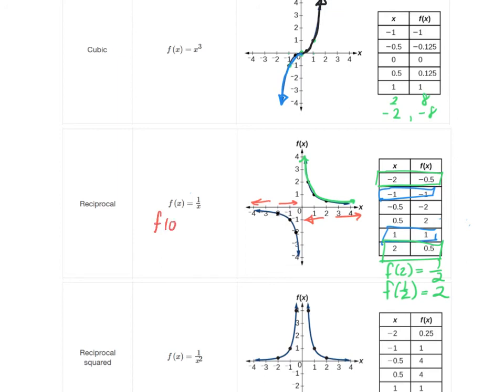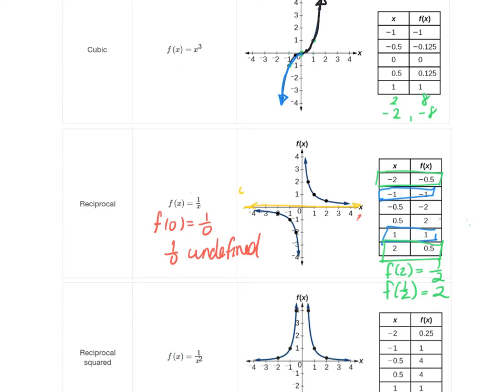So f of 0 does equal 1 over 0. However, 1 over 0 is undefined. So I never get to put in 0. Even though I want to put in 0, I don't ever get to put in 0 into the reciprocal function. Because I'm never allowed to put in 0 into the reciprocal function, I'm never going to have an x or a y value equal to 0 without a transformation.